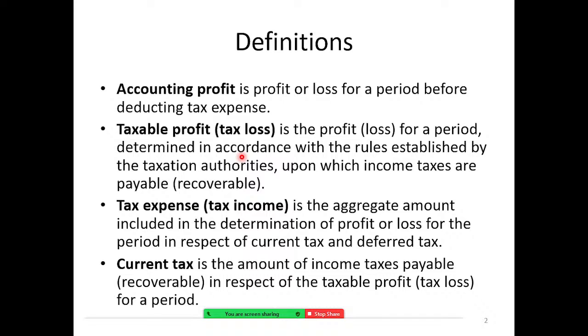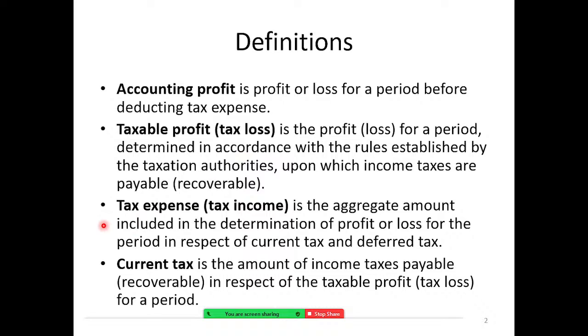If you are not clear about the differences between accounting profit and taxable profit, you will never understand this chapter. This is very important. I hope you have studied income tax in another subject, hopefully in the last semester.